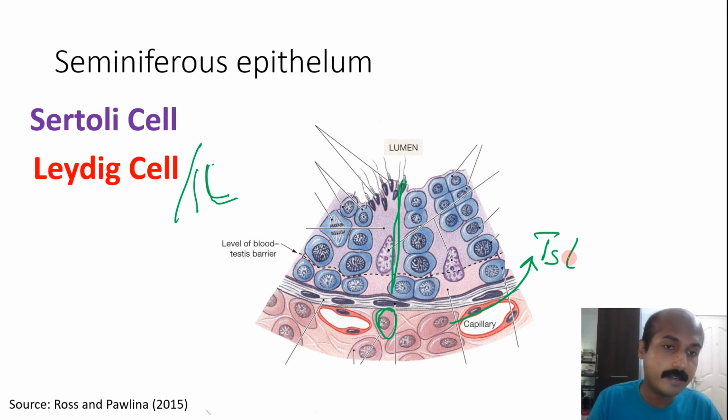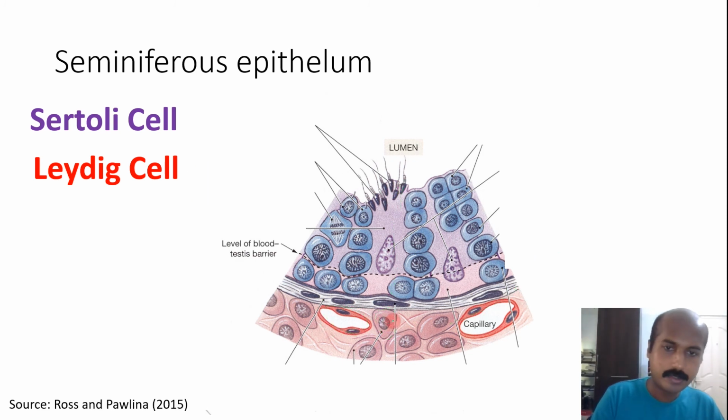Testosterone is the male androgen, and you can see capillaries located in the interstitial space of the testis. These capillaries are important because the hormones will be drained by the capillaries. So this is important for hormone secretion. Okay. So these two named cells are also important.